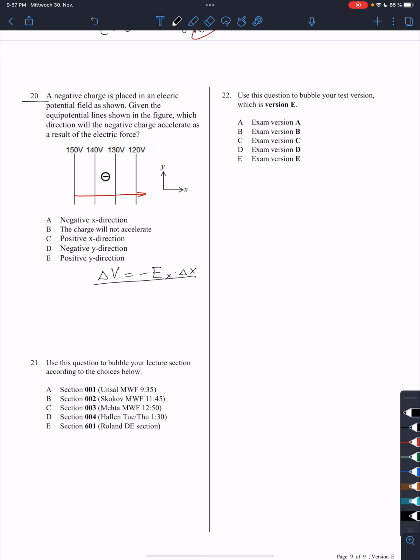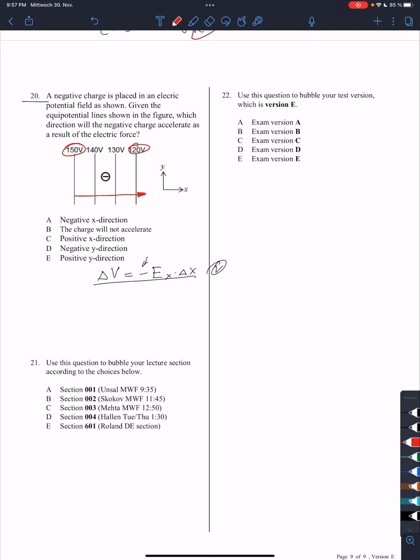But you probably should just remember conceptually that the electric field is directed from high to low potential.